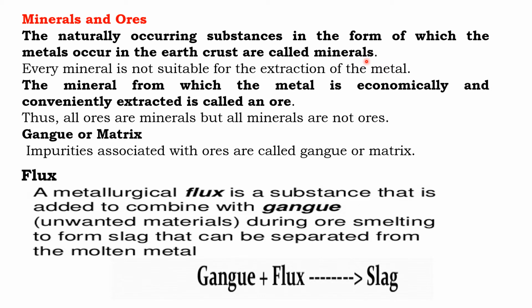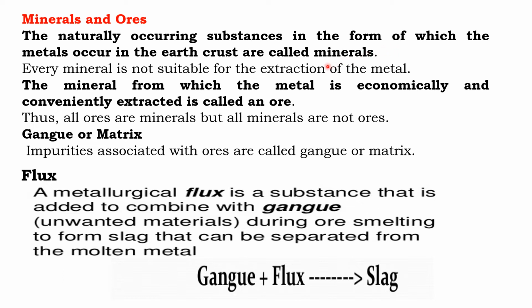Or some exist as chlorides, fluorides and halides. So they exist in the earth crust in a combined form. They are called minerals. But we cannot extract metal from all minerals.